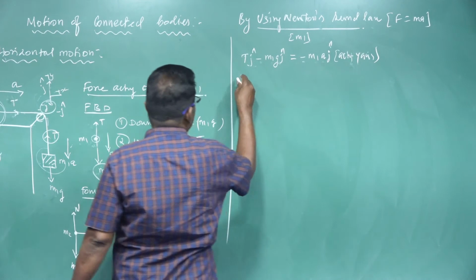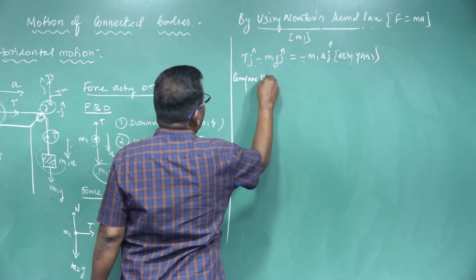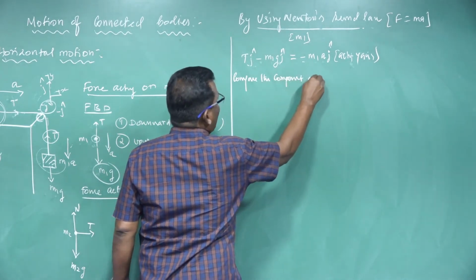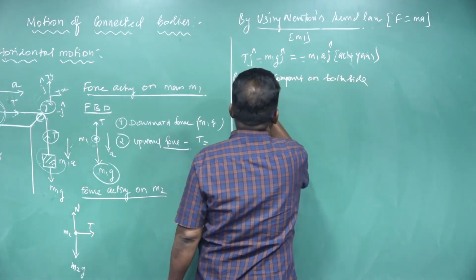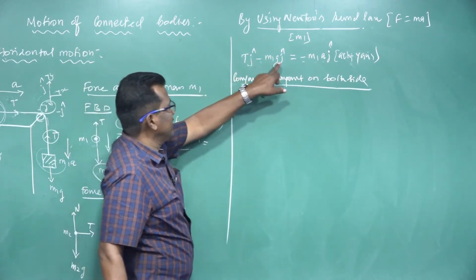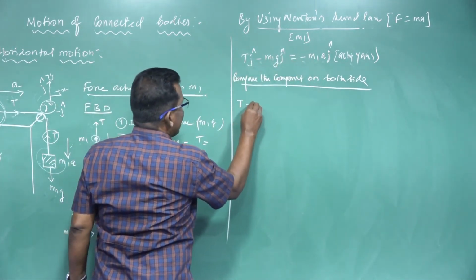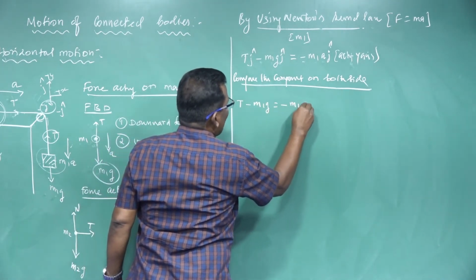Comparing the components on both sides, the j components cancel. So T minus M1g is equal to minus M1a.